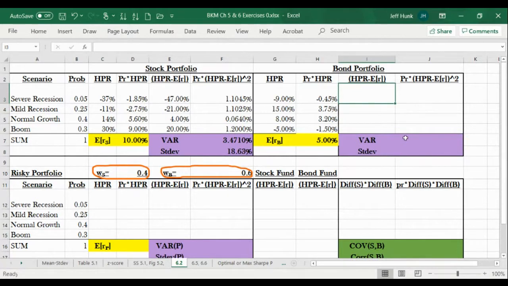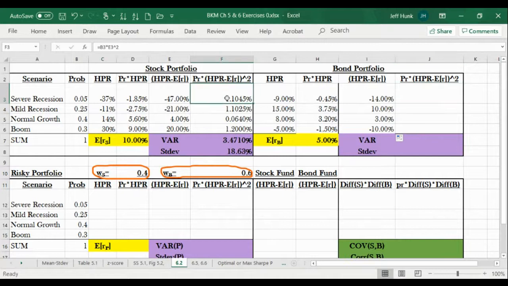Then we need to find the difference terms, or deviations, which is basically this minus the expected return on the bond, and you lock it by hitting F4 so that you can drag it down.